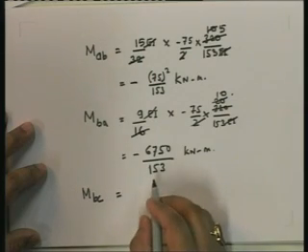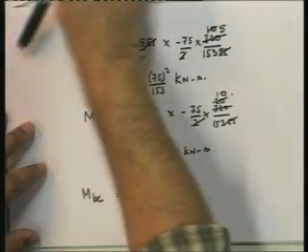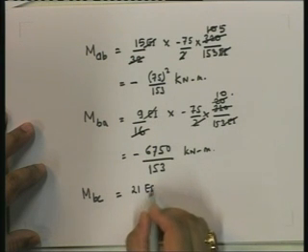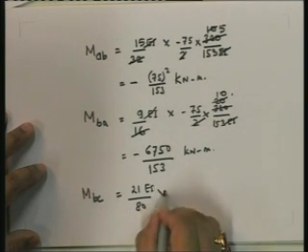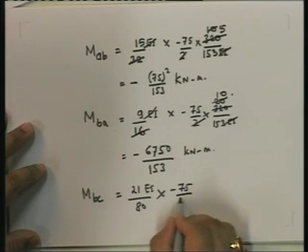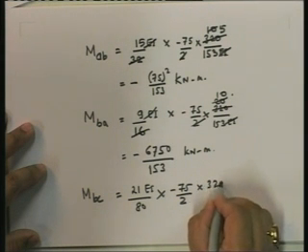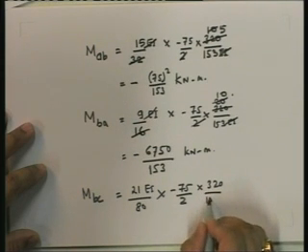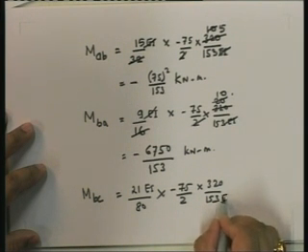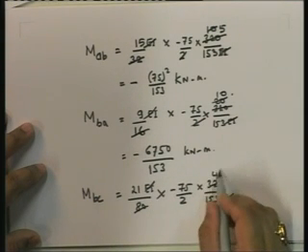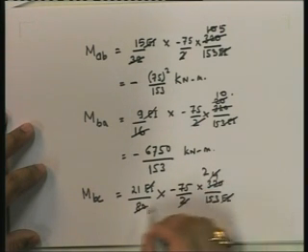And MBC is equal to 21 EI upon 80 into minus 75 by 2 multiplied by 320 by 153 EI. EI cancels, this goes 4, this goes 2.